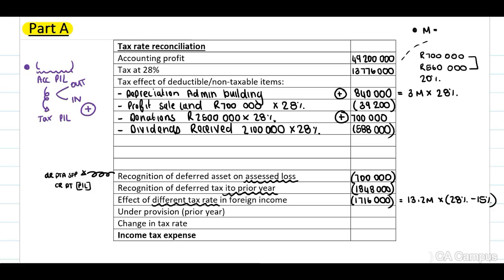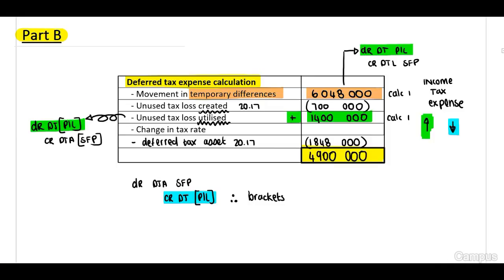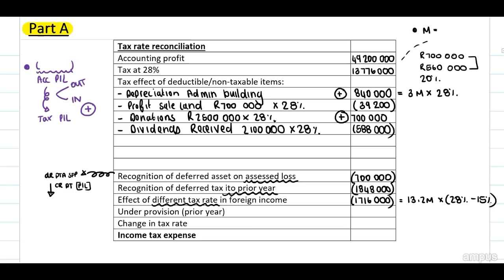This is an expense account, therefore it has to decrease. Now, if you have decreased the 700,000 in your deferred tax expense calculation, remember this section is included in your income tax expense note, then you need to decrease your tax rate reconciliation with the 700,000 and the 1,848,000.